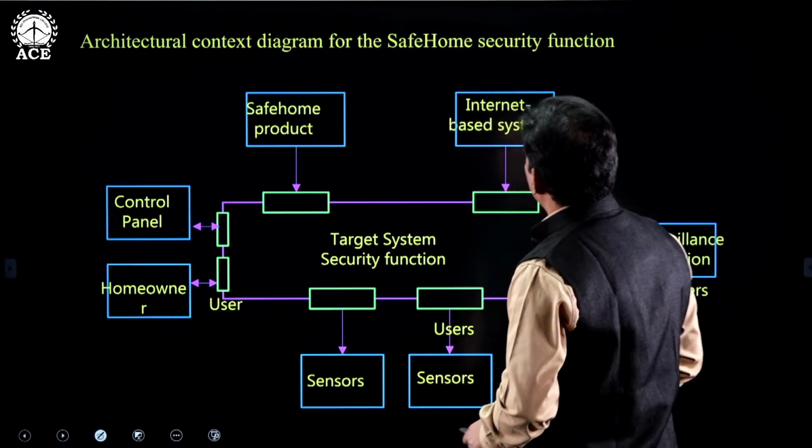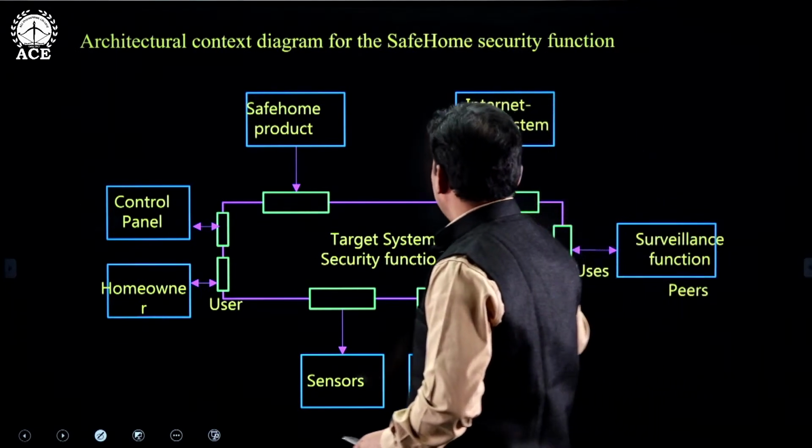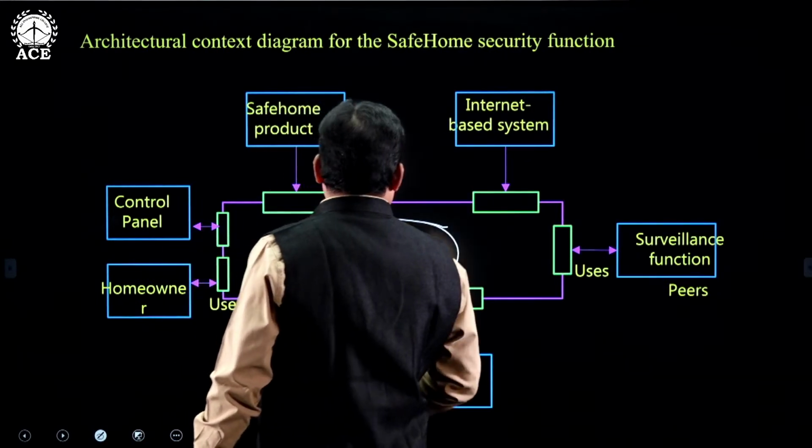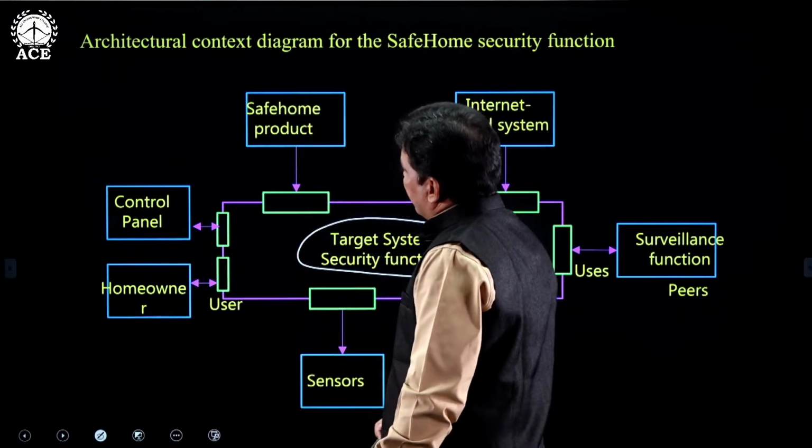And the architectural context diagram for the safe home security function. The safe home security system is the target system, that is the security function. So what does it consist of here?